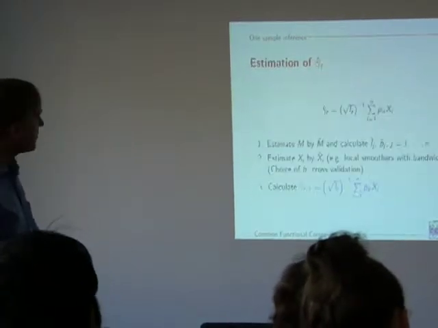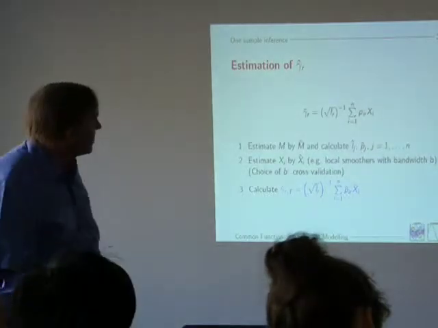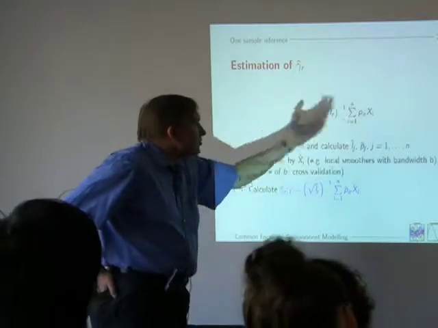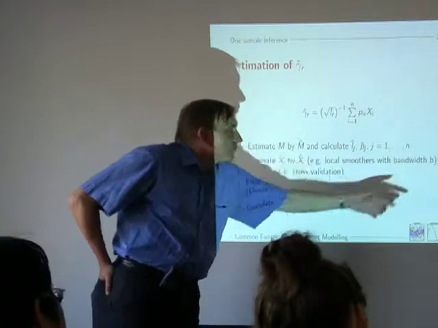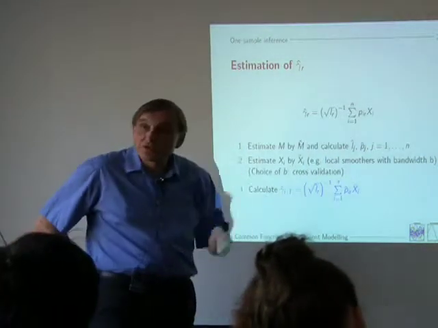Just a note about what we use to estimate: the x hats in this formula are kernel or spline approximations of your original curves given the data. For example, local smoothing with bandwidth b, or if you use local polynomial regressions, the bandwidth b, or if you use smoothing splines, the smoothing parameter b.